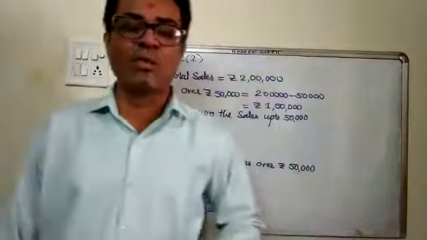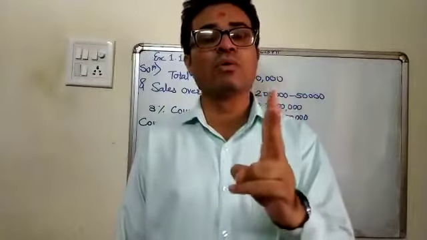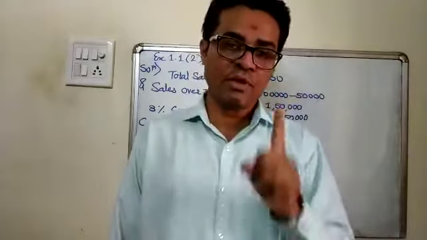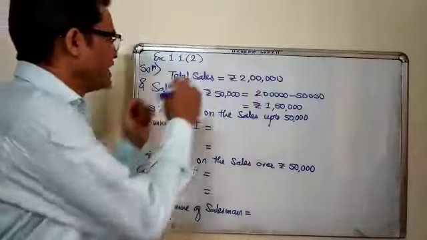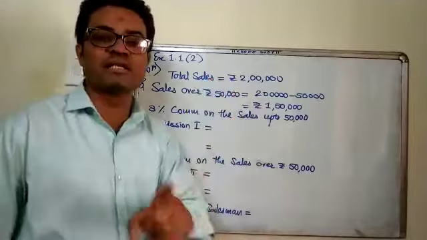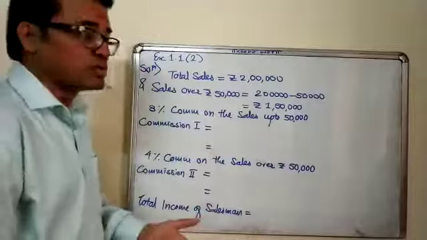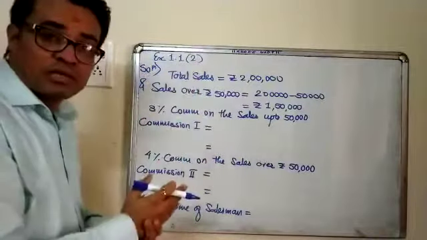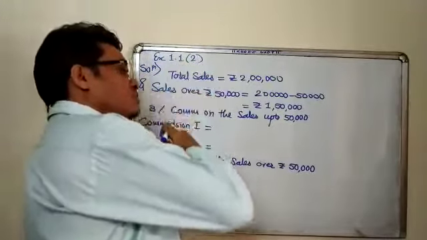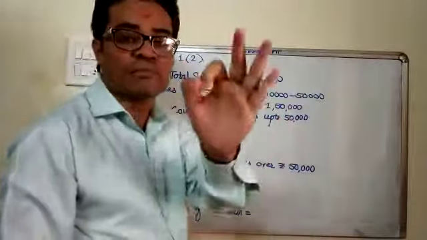So in this question, salesman is getting commission on two different amounts. First, we have the total sales. How much total sales is given? Total sales is 2 lakhs rupees and sales over 50,000. 2 lakhs का total sales हुआ है, 50,000 से ज्यादा. What is the over 50,000? It comes to 1,50,000.